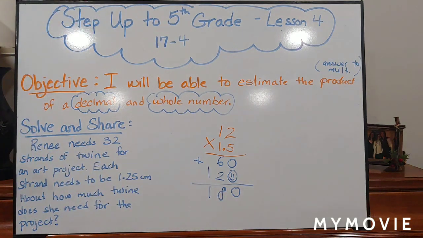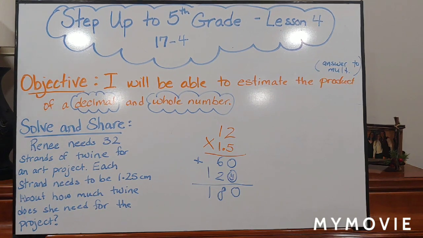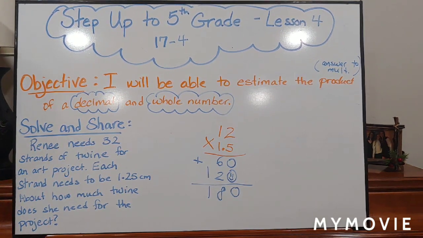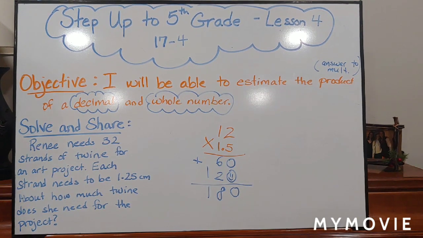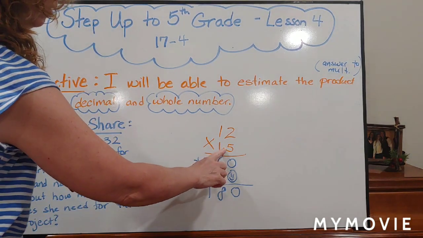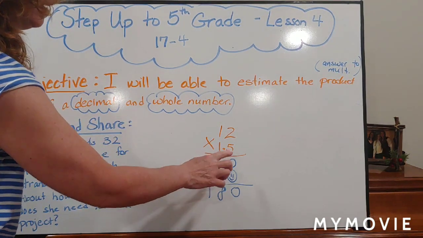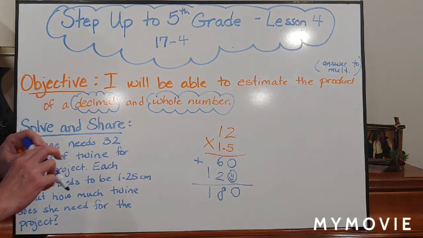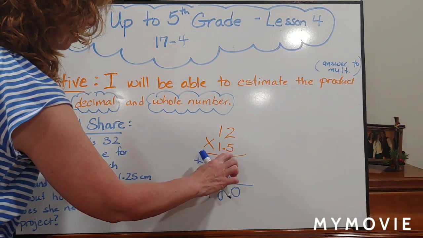All right, now is the time we have to figure out what to do about that decimal. So here it is. When we multiply using a decimal, at the end of it we have to figure out how many place values were there. How many numbers were to the right of the decimal? In this case, only one number, right?